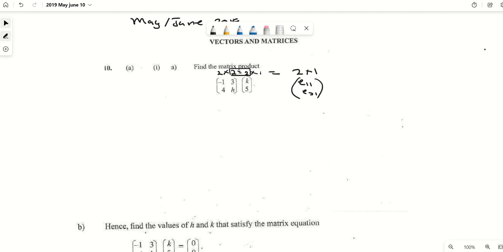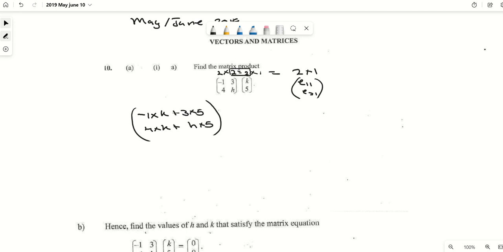So when we're multiplying it, it's going to be first row by column and then second row by your first column, right? So it's minus 1 multiplied by K plus 3 multiplied by 5. That's the top part. And then 4 multiplied by K plus H multiplied by 5. All right, now let's add this up.